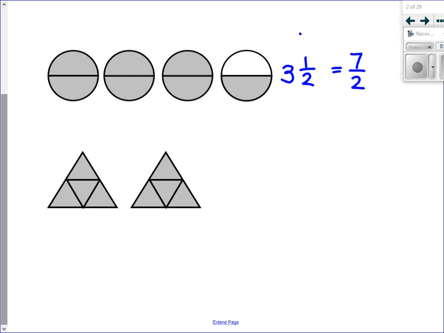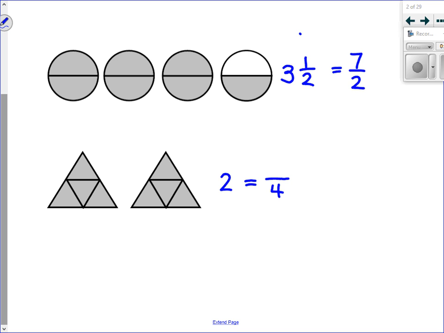Okay, let's look at the last one. How many wholes do I have shaded? 2. And I have no other fraction part, so my number is just 2 wholes. Now let's name that as an improper fraction. So each of these triangles is split into how many equal parts? 1, 2, 3, 4. So we have fourths.